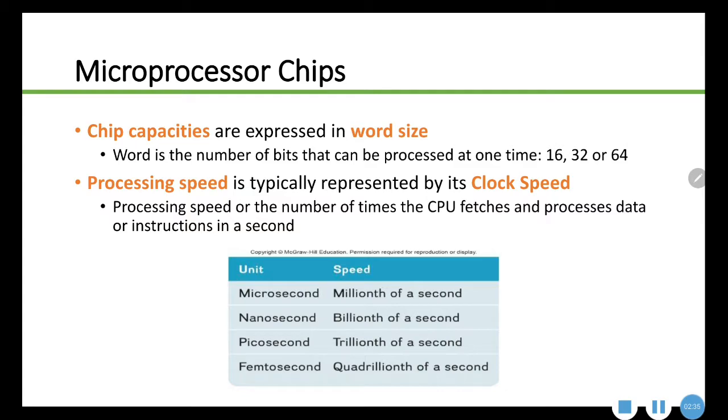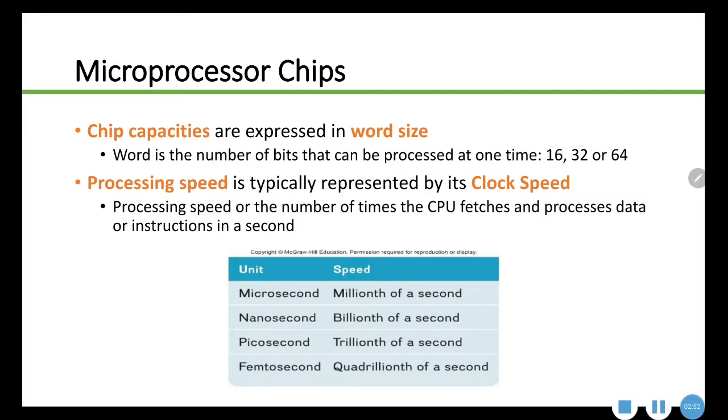Okay. The processing speed is typically represented by its clock speed. Processing speed is the number of times the CPU fetches and processes data or instructions in a second.